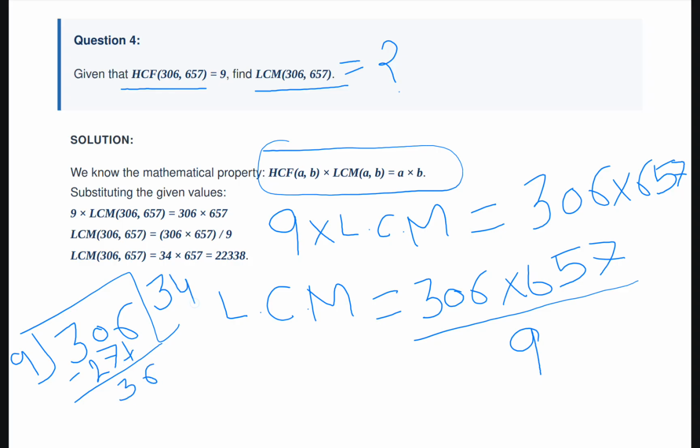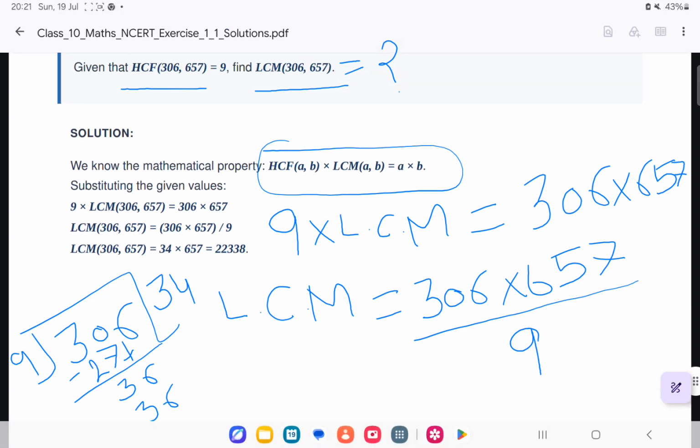Now 9 times 4 is 36, so it is perfectly cutting. You get 0, so you are getting 34. It means you can cut here and you will get 34.